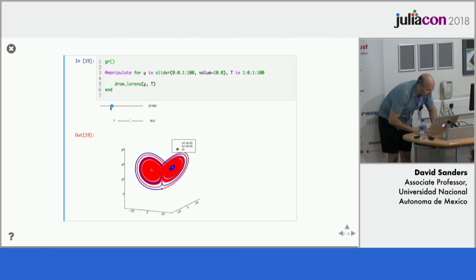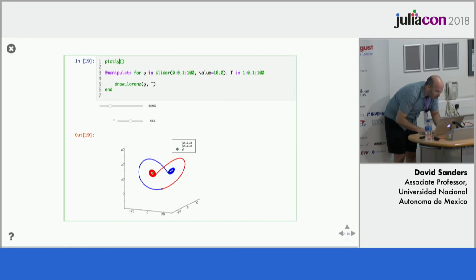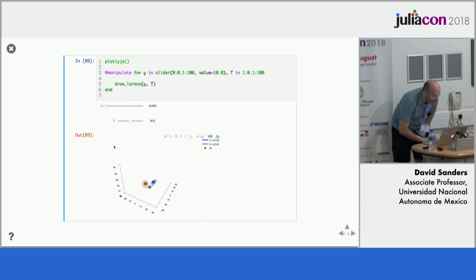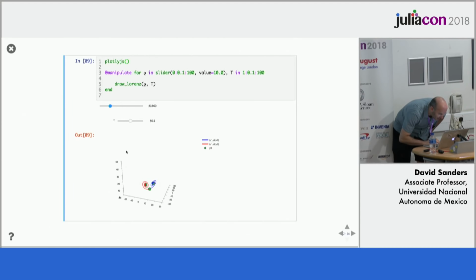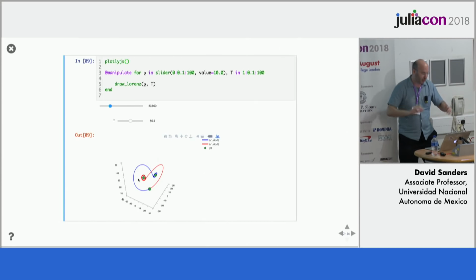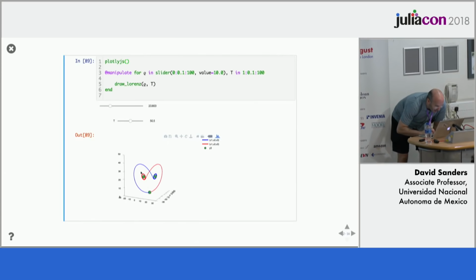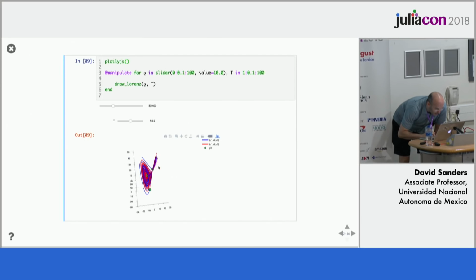Right? And so this is the nice thing about the Plots.jl package, is that I can just switch out the backend and choose a different backend using Plotly.js, and that enables me to actually rotate these things. The only downside is that it's not quite so smooth to change the values of the parameters, but I can see what's going on pretty nicely in 3 dimensions, etc.